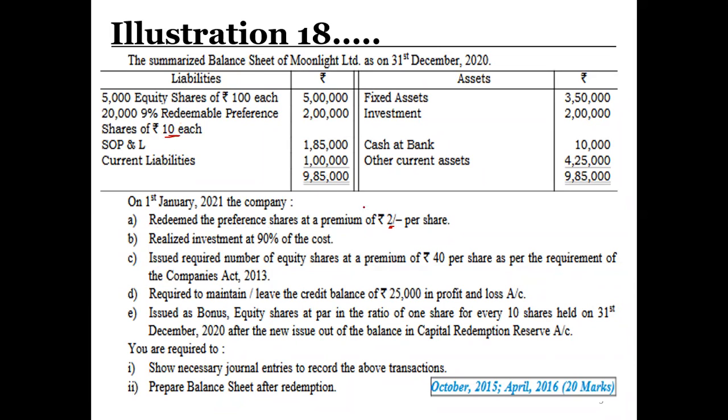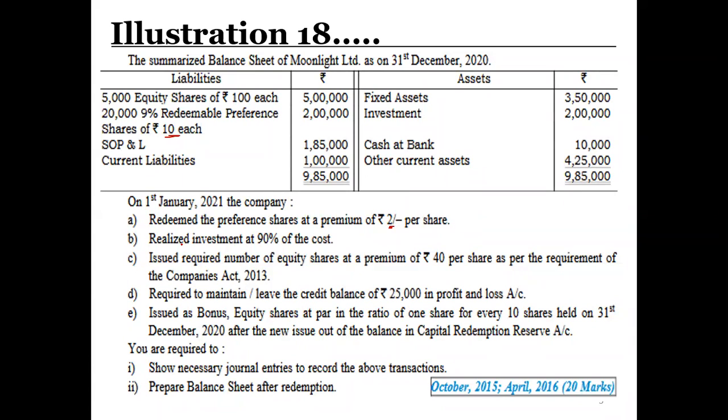So either I can say 2 rupees per share or I can say 20% of the amount. It is the same thing. 20,000 multiplied by 2 comes to 40,000. Similarly, 2 lakh multiplied by 20% comes to 40,000. So the answer will remain the same. Either you take 2 rupees per share or you can write 20% premium.